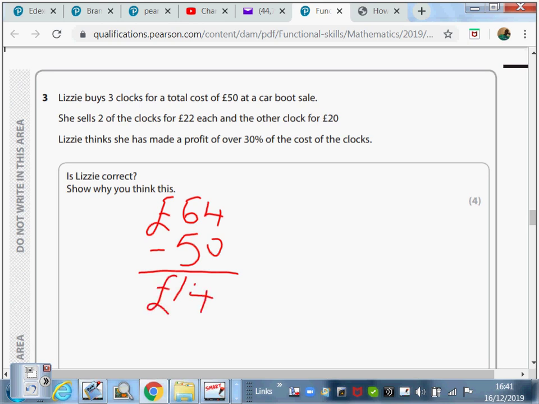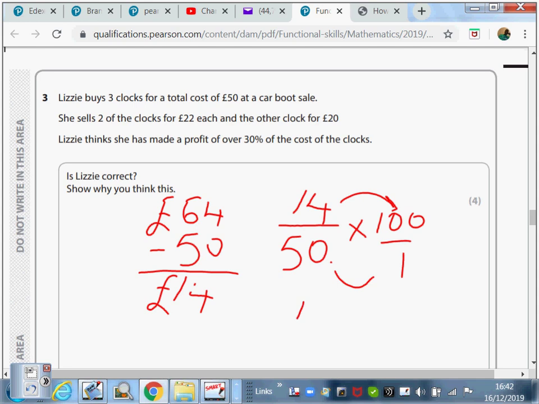So what percentage is it? The percentage of the profit over the original cost times 100. That's how you do it. So I told you before, you do that, 14 times that, 50 times that, so you have 140.